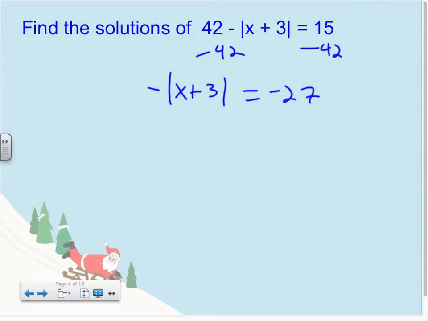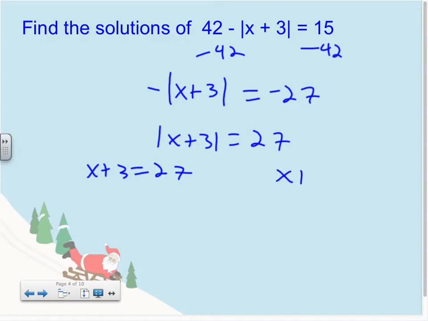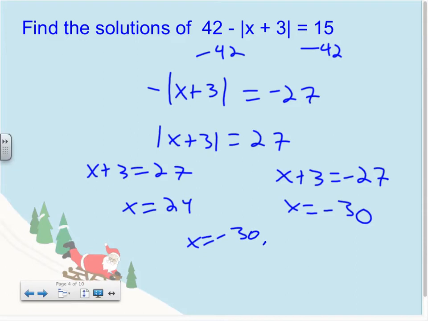So we can multiply both sides of the equation by negative 1, and those negative signs are going to go away. I'll have the absolute value of x plus 3 equals 27, which means that x plus 3 equals 27, or x plus 3 equals negative 27. So we get x is 24, x is negative 30, so x is negative 30 and 24. Those would be our two solutions, negative 30 and 24.